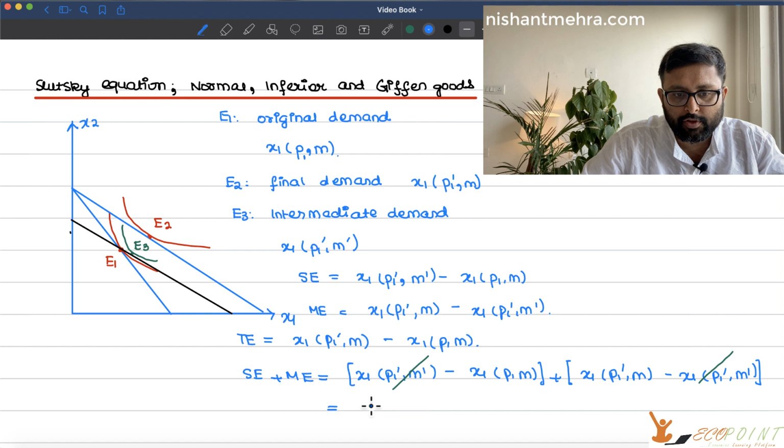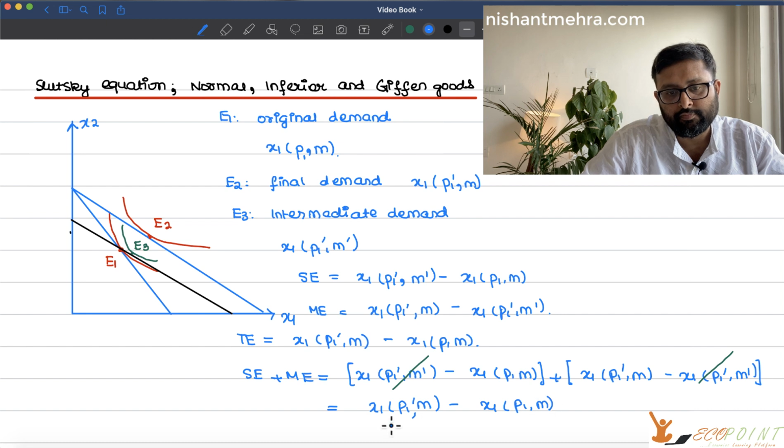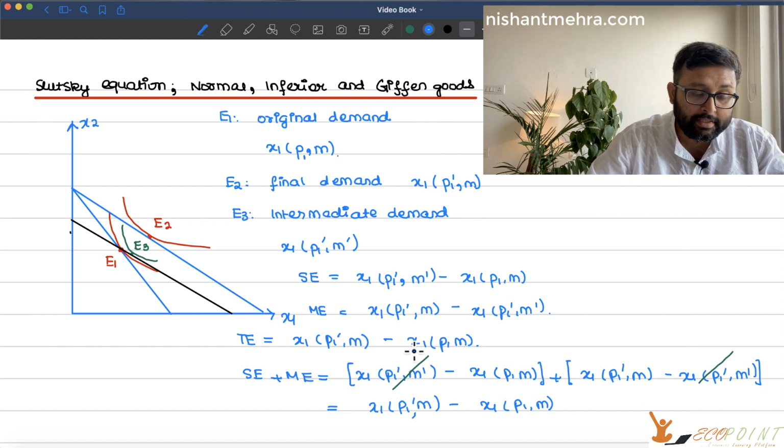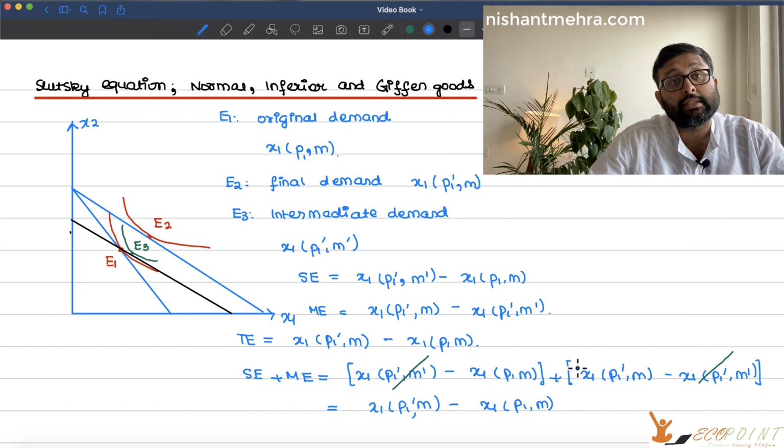And what is left with you? X1 P1 dash M minus X1 P1 M, which is nothing but the total effect. This total change in demand, final minus original, is broken down into the substitution effect and income effect. The total change in demand is equal to the sum of substitution effect and income effect.